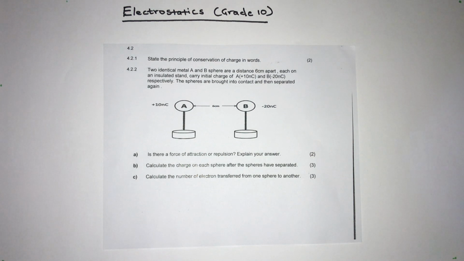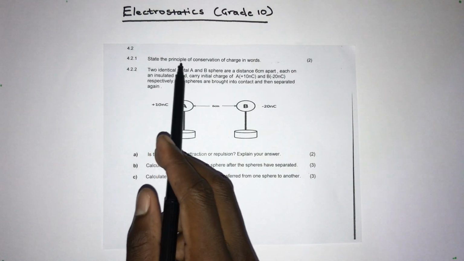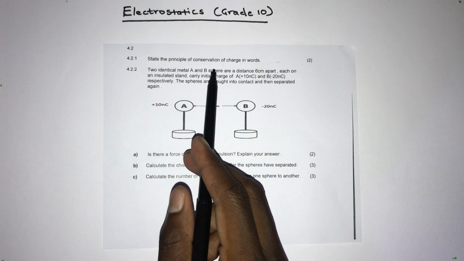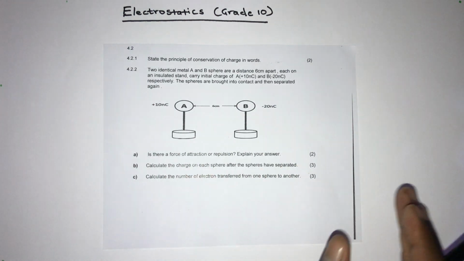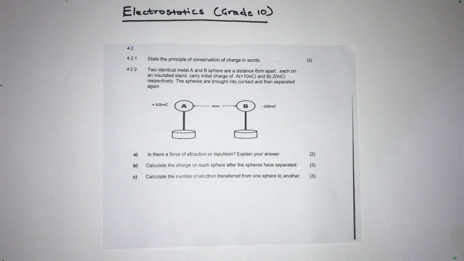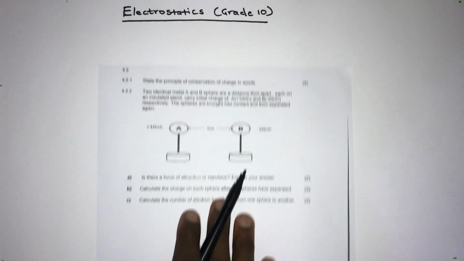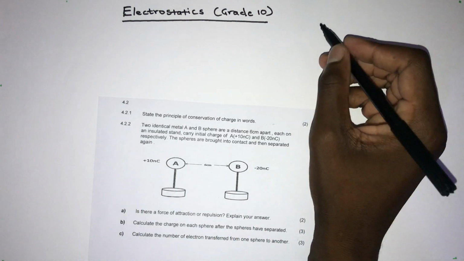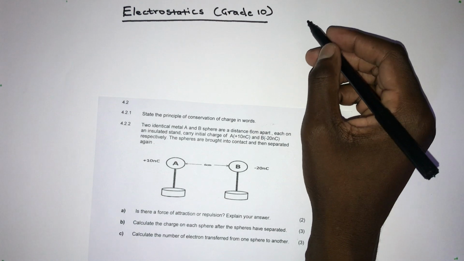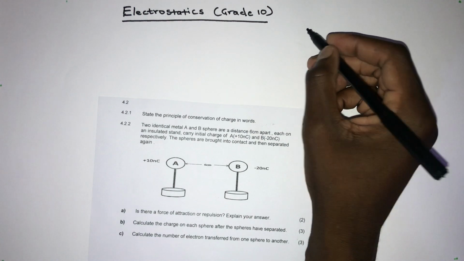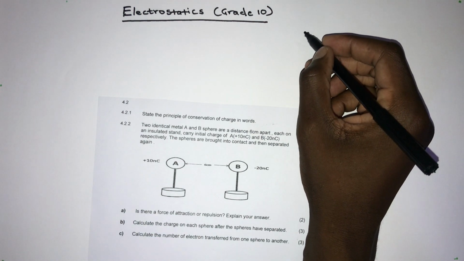The question says, state the principle of conservation of charge in words. So without the waste of time, the principle of conservation of charge states that all the charges in the universe consist of an integer of one electron.